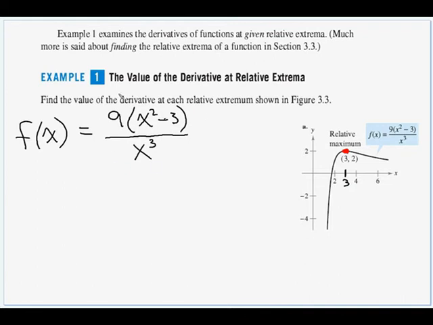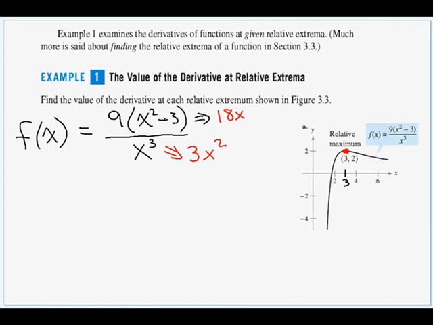So we're going to have to take this derivative with the quotient rule. So if I look at just my numerator, and if I distributed the 9, I would have a term of 9x squared. The derivative of 9x squared is going to be 18x. And if I look at my denominator, x to the third, the derivative of the denominator is 3x squared.